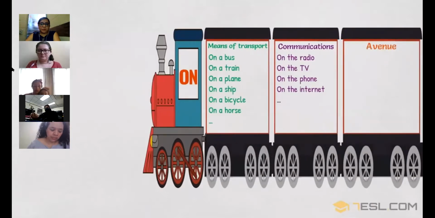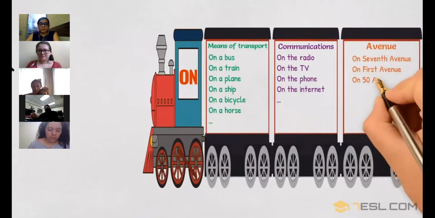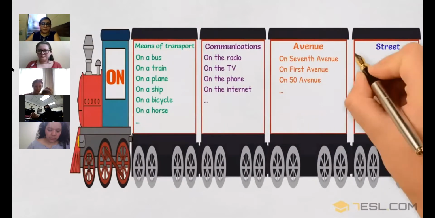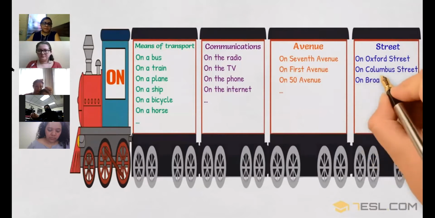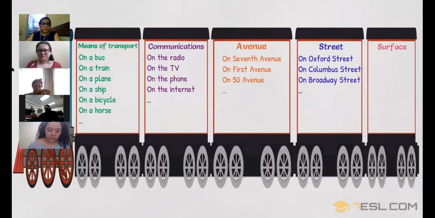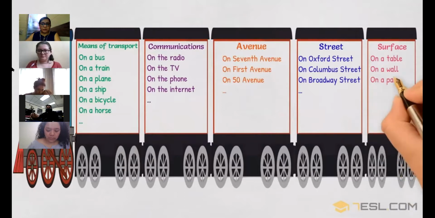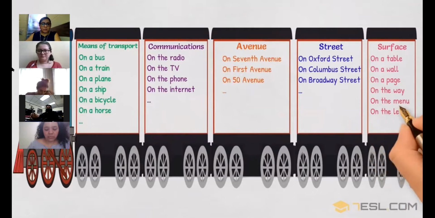Avenue. On 7th Avenue, on 1st Avenue, on 50 Avenue. Street. On Oxford Street, on Columbus Street, on Broadway Street. Surface. On a table, on a wall, on a page, on the way, on the menu, on the left.